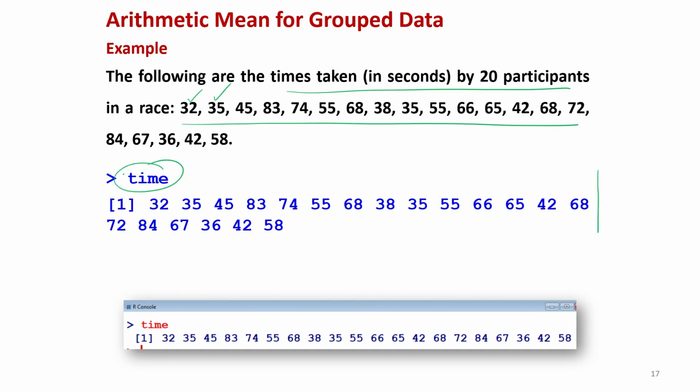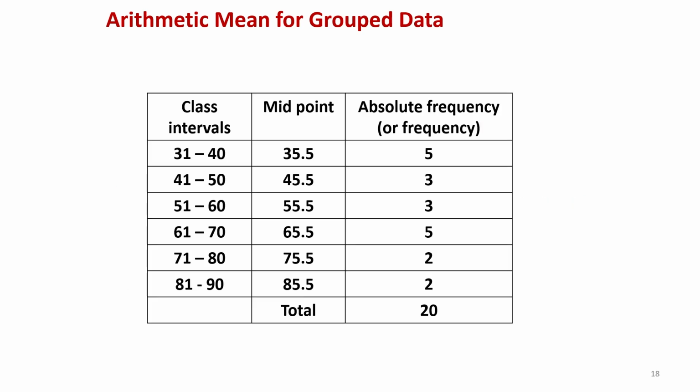Now if you consider this data as group data, then you need to first prepare a frequency table in which you create the class intervals, find their midpoints, and then find their absolute frequencies, to compute the arithmetic mean.